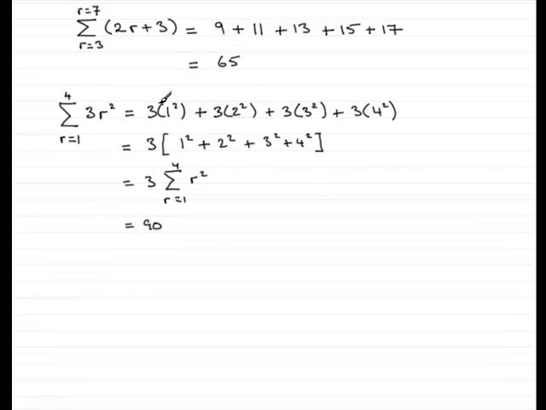So what I'm trying to demonstrate here is a particular rule that you can often employ when you're working with sigma notation.